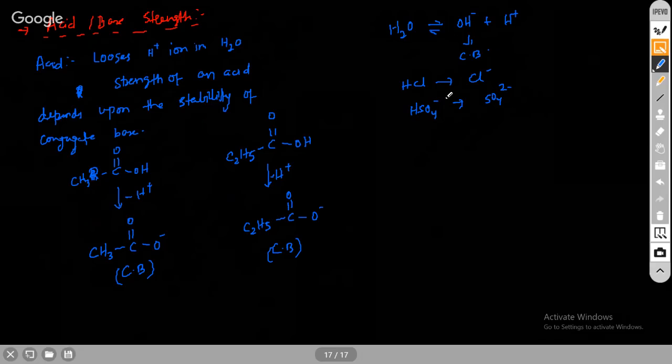You just remove H plus from that compound. Now when this conjugate base is more stable, it means for this molecule the tendency to lose H plus ion will be more, because on losing H plus ion, it is forming a more stable conjugate base. That is true for this compound also. So if the conjugate base is more stable, the tendency to lose H plus ion will be more, and hence the acidity will be more.